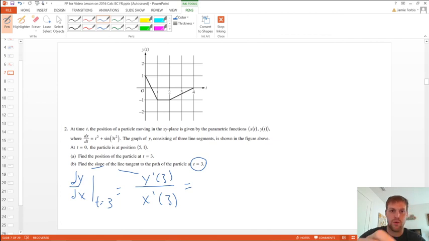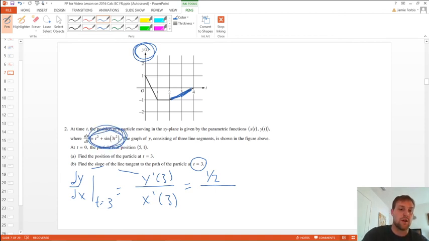Well, y prime of 3, remember the graph is the position of y. So at 3 here, I'm looking for the slope at 3. What is the slope of this line right here? That's going to be 1/2. So y prime of 3 is equal to 1/2. It's just the slope of my position function. And x prime of 3 is just plugging 3 into that function right there.